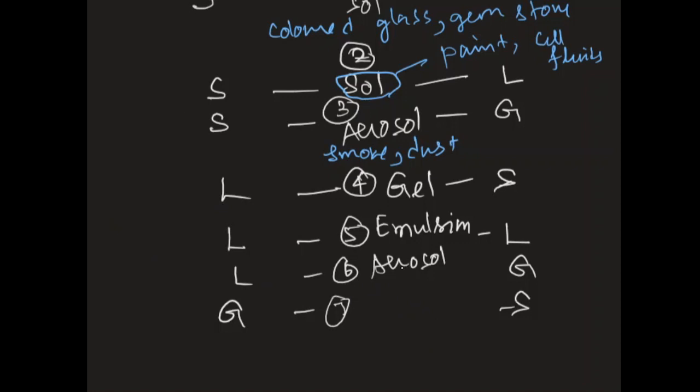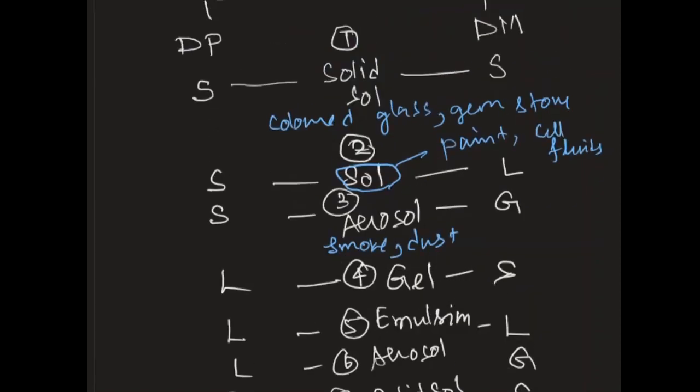Understand? Solid sol. The best example of gas solid sol is pumice stone, which is useful for cleaning your palms and legs. Then foam rubber is also solid sol.